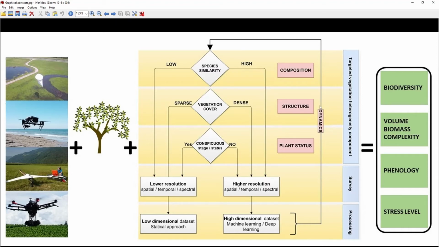And of course, there's always a dynamic factor that can be applied to any of those three components. In any case, the approach is always driven, and the flight mission should be planned according to the characteristics of the vegetation that is of interest. And also the survey and the processing should be adapted according to that.